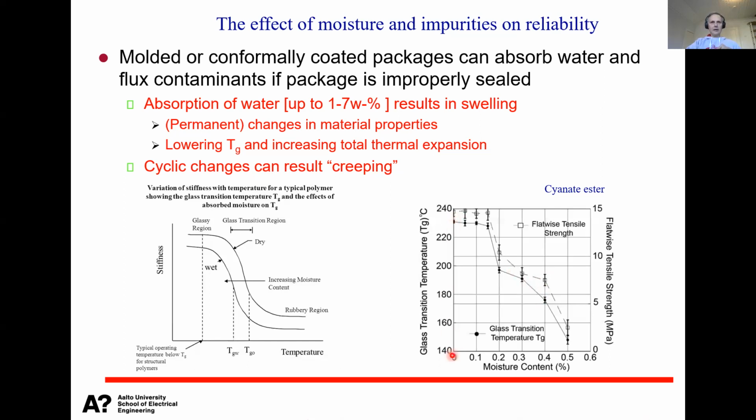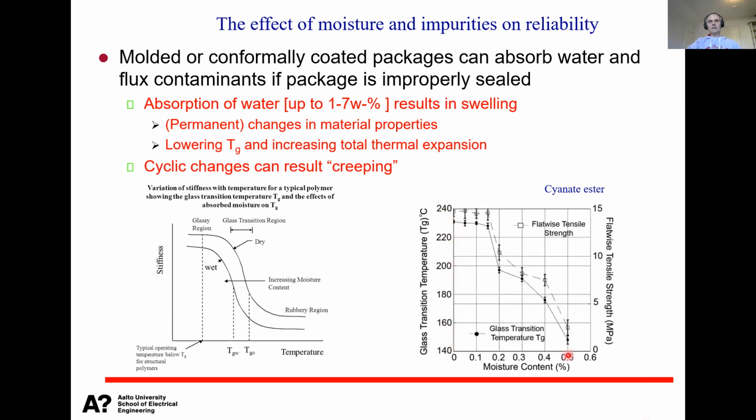But then here in the x-axis you see the moisture content. So even 0.2% moisture starts to decrease the glass transition temperature significantly. And when we reach 0.5%, you have basically lost all the benefits of the cyanate ester in comparison to standard epoxy, because your glass transition temperature has dropped down to 150.